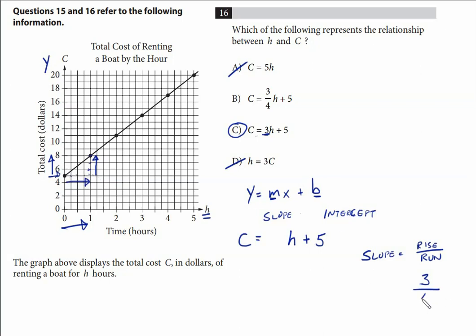So you would be very tempted to choose B, 3 over 4, until we pay attention to the label on the x-axis and see that each one of these boxes does not actually represent 1 hour. As I had drawn here, 4 boxes only represents 1 hour. So the correct slope is 3 over 1, which is just 3. And that's how we come up with the answer C.